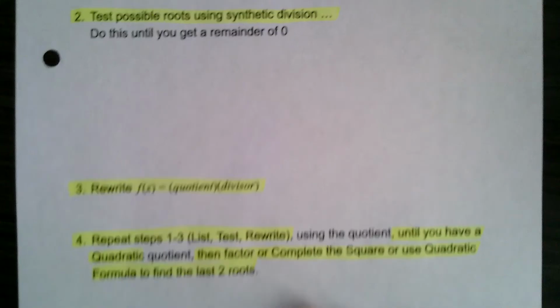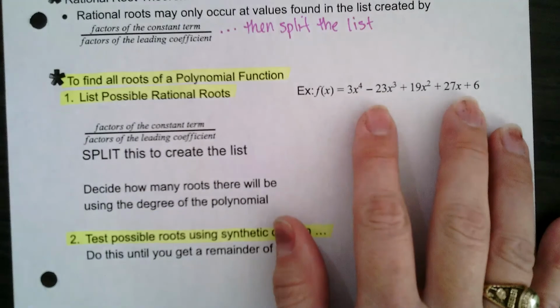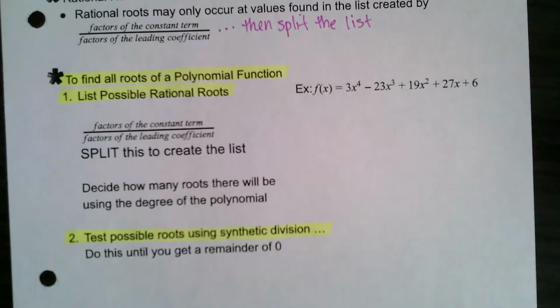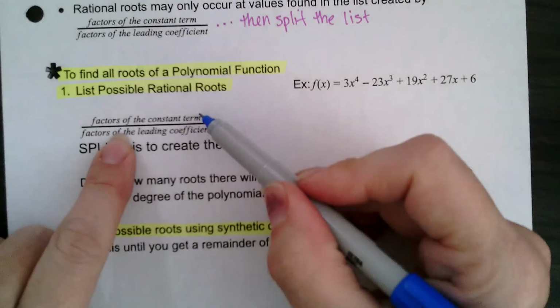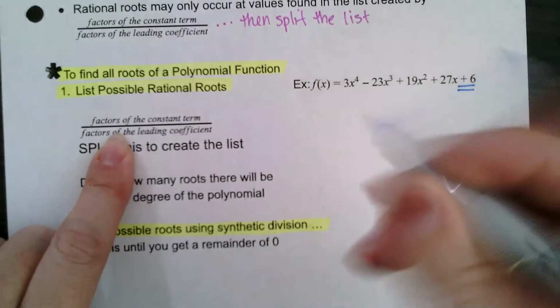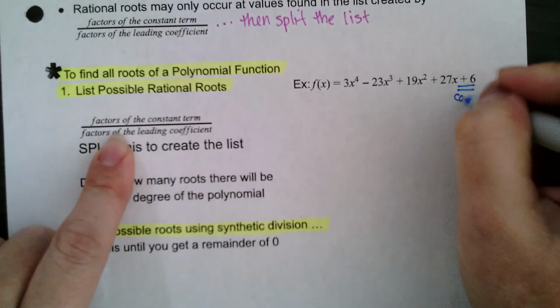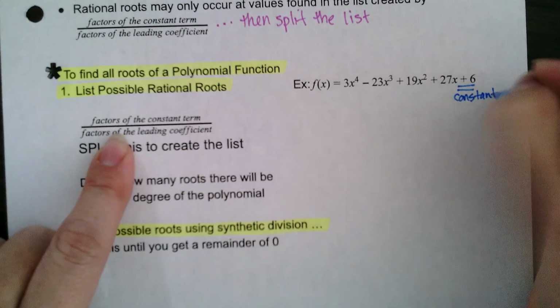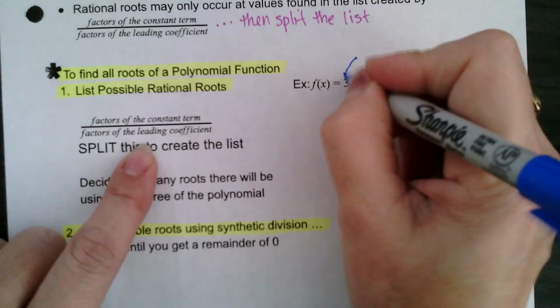We're going to start with this function that's up at the top, 3x to the 4th minus 23x cubed plus 19x squared plus 27x plus 6. To begin, we're going to do the factors of the constant term, which is 6. So we need factors of 6 over factors of the leading coefficient, which is 3.